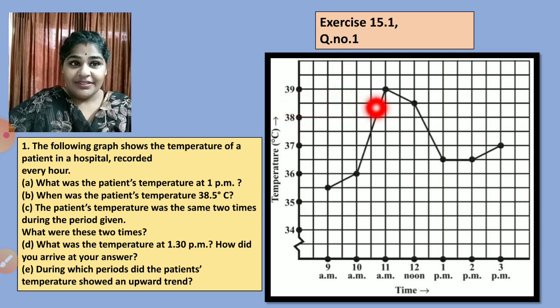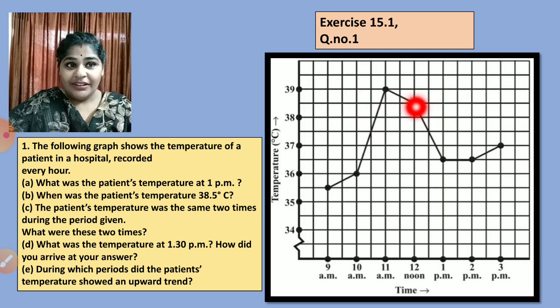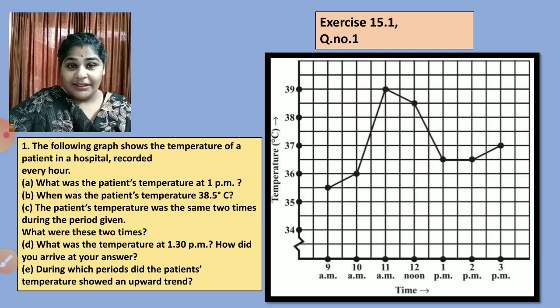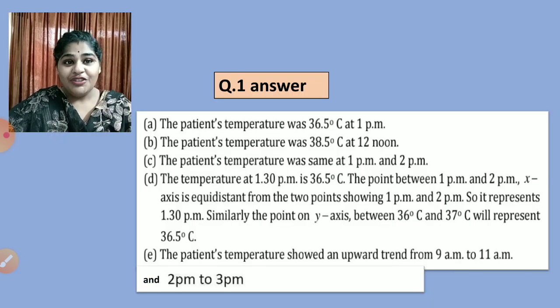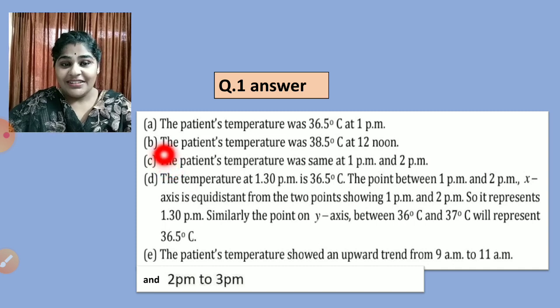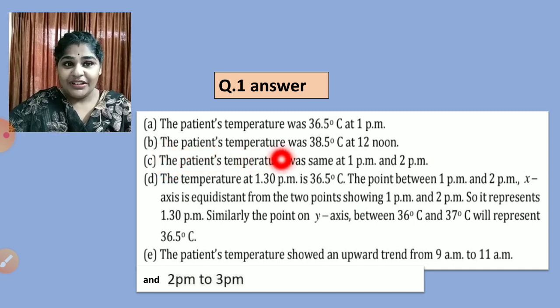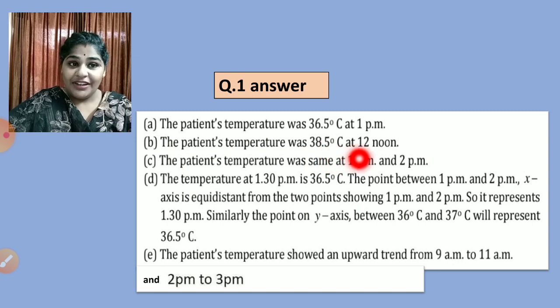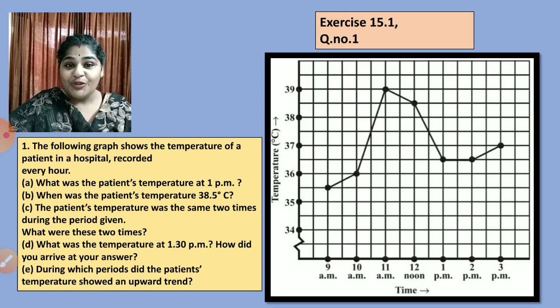So this line is coming here, the point. So it is at 12 noon. Can you see this? It is at 12 noon. The temperature of the patient is 38.5. So you will write the second answer as: the patient's temperature was 38.5 degrees Celsius at 12 noon.